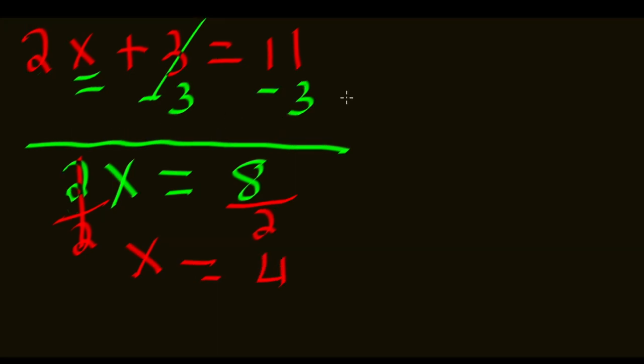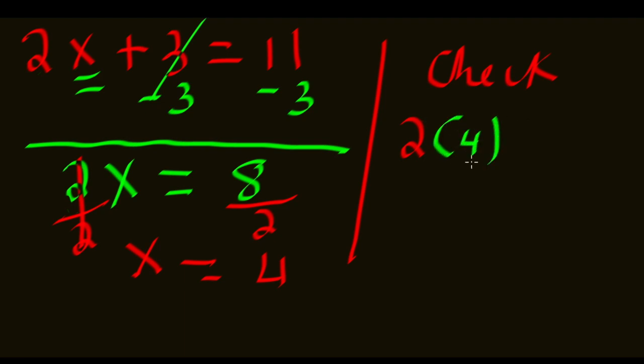In order for you to verify your equation, to check to see if you got it right, you take the answer that you get for x, and you replace it in the equation. So in this case, x is 4. So 2 times 4 plus 3 equals 11.